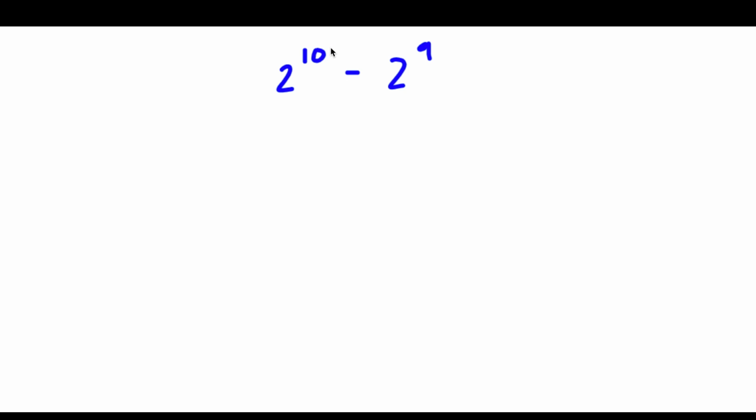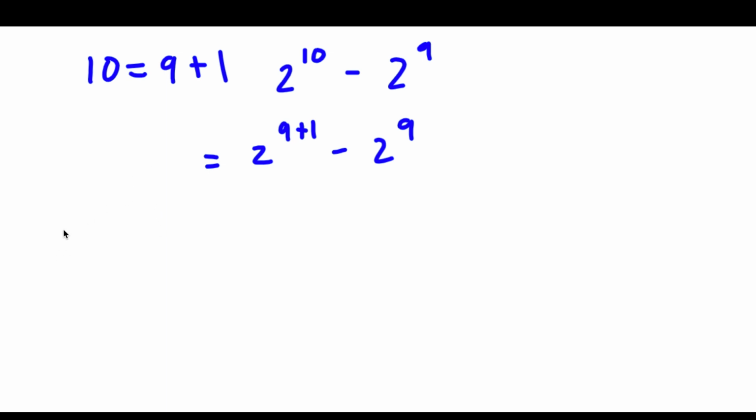All right, so I have 2 to the power of 10 minus 2 to the power of 9. Now 10 here, this is the same thing as 9 plus 1. So if I substitute in 9 plus 1 for 10, I have 2 to the power of 9 plus 1 minus 2 to the power of 9. Now if I have something in the form a to the power of m plus n, this is equal to a to the power of m times a to the power of n.